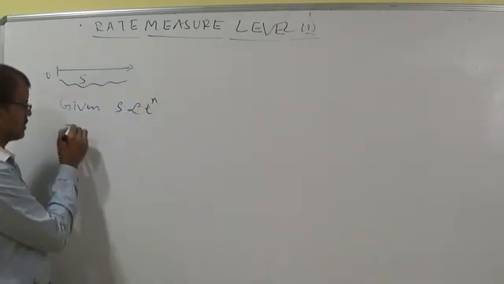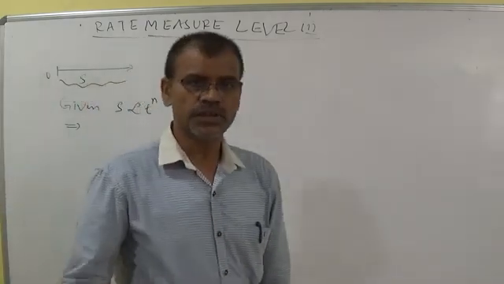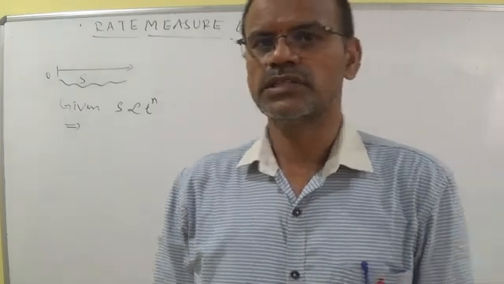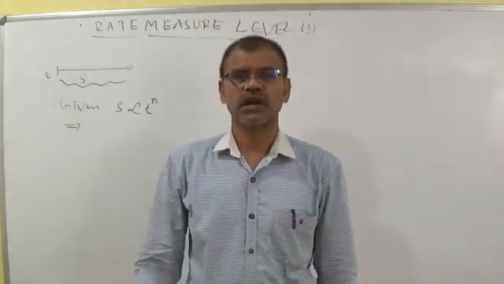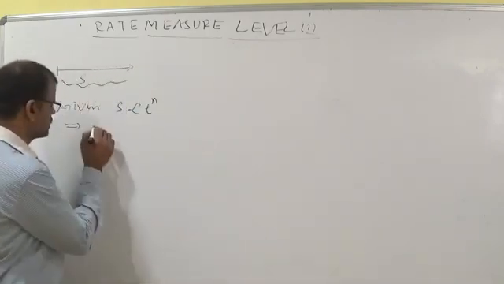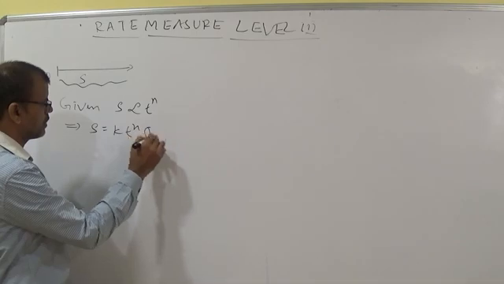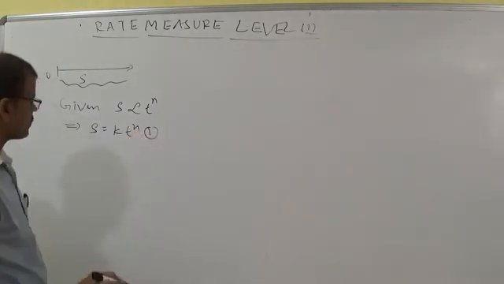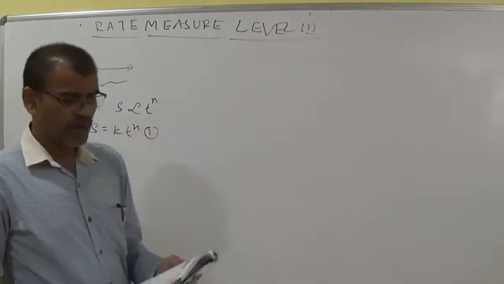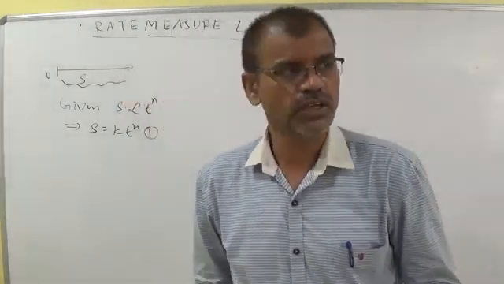S is displacement. Whenever a quantity is proportional to any value, there exists a proportionality constant. Let the proportionality constant be k. So s is equal to k t power n. Let it be the first equation. Next, he has given velocity and acceleration, indicated with the letters v and a.